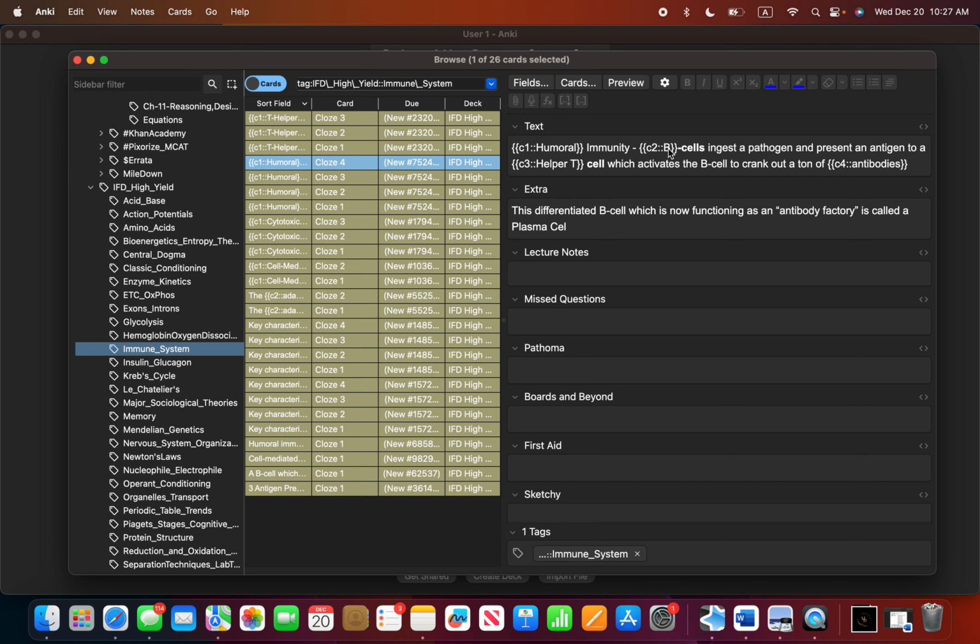Okay, so the cycle is the B cell ingesting the pathogen, presenting it to a helper T cell, and with the help of the helper T cell, the B cell that had ingested the pathogen is able to produce antibodies.